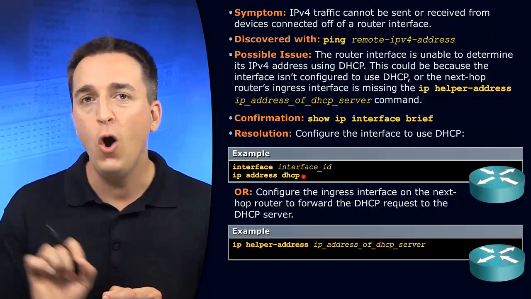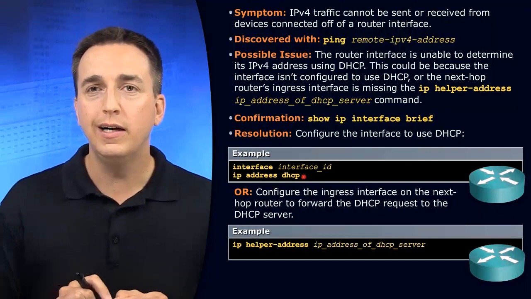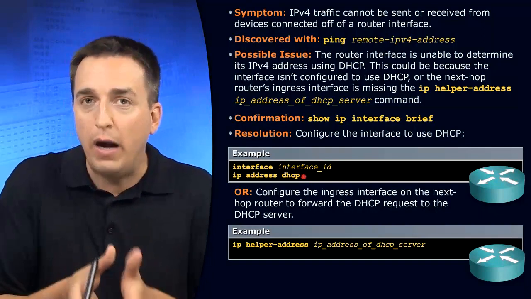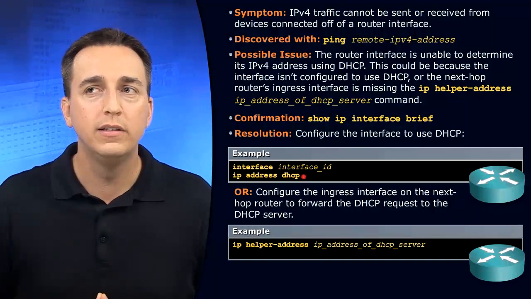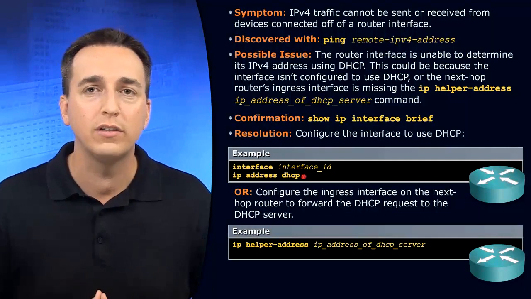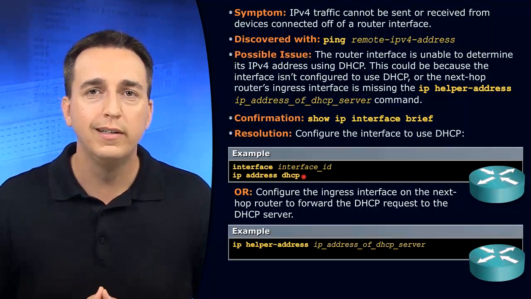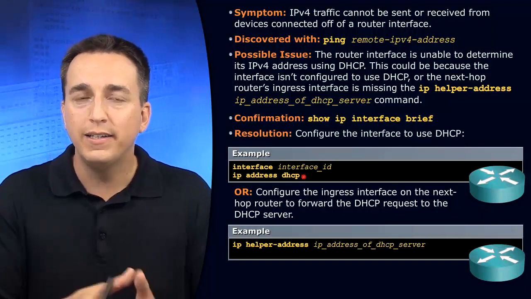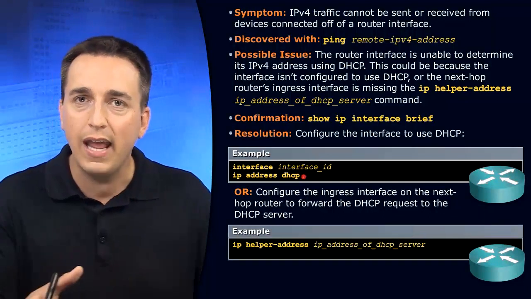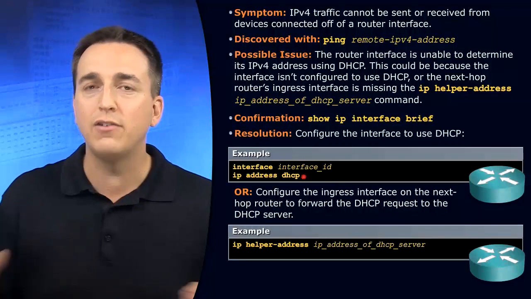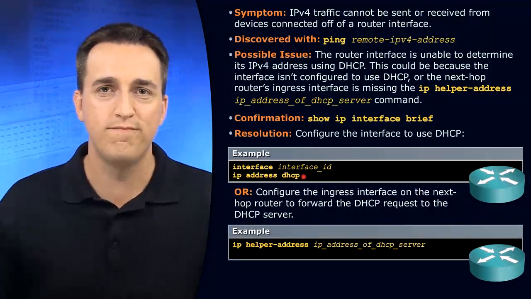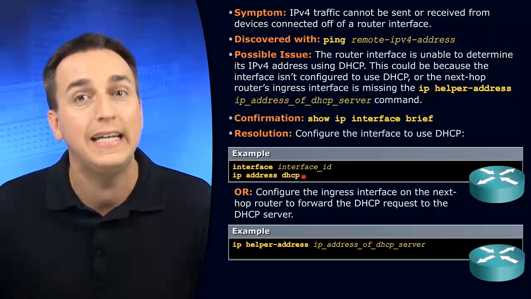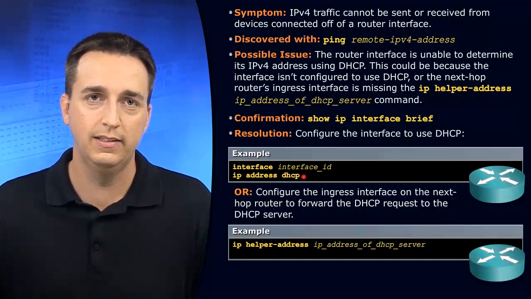If there is no pool available for the IP address that router interface is part of, then it's not going to hand out addresses from the pool. And it's obvious why. It's because that router has to be in the same subnet as the addresses it's handing out for. If it's not, then how are devices in that subnet going to communicate with that router interface? They can't.